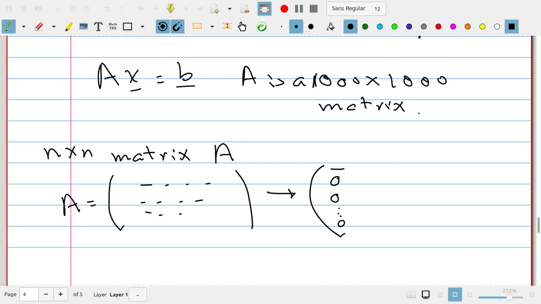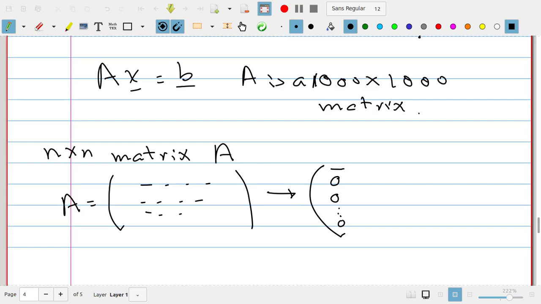So how many operations does this take? By an operation, I mean a multiplication, and a subtraction is also an operation.